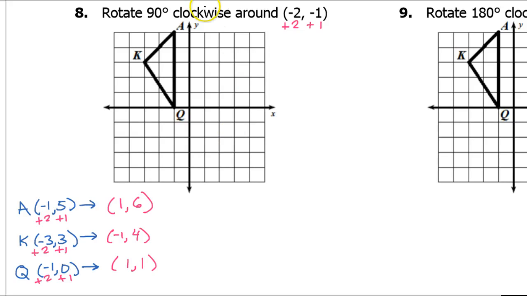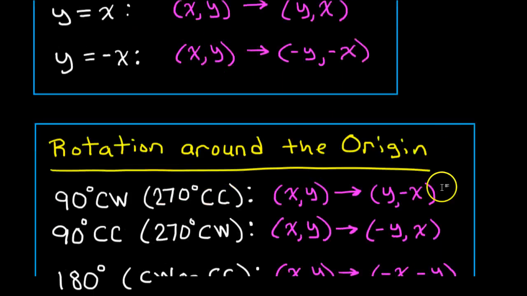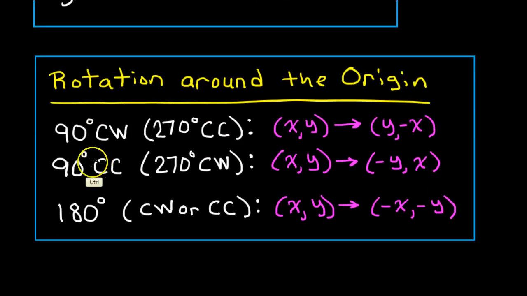So if we are doing a 90 degrees clockwise rotation, remember, this is where we switch the x and the y, and only the y value gets to keep the same sign. The x value will change. So switch them. The y value is going to stay the same sign.